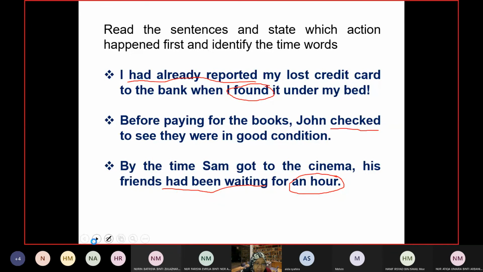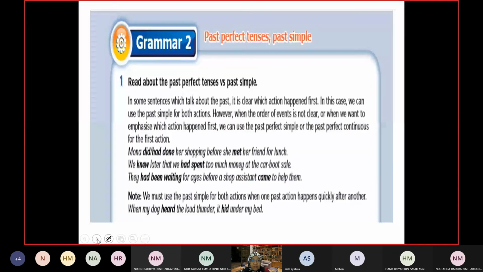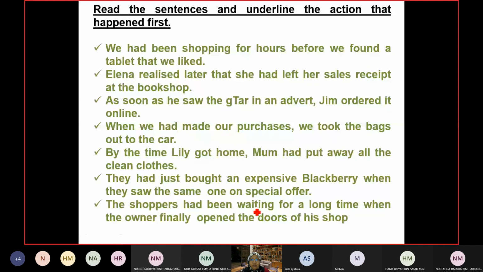Okay, next one. This one saya dah terangkan tadi. Alright, this one, another one. You may refer to your textbook as well. Page 49. Read the sentences and underline the action that happened first. Alright, I give you 2 minutes. Underline from your textbook, page 49, exercise number 3. Underline the action that happened first.